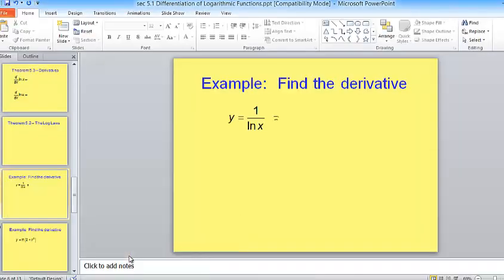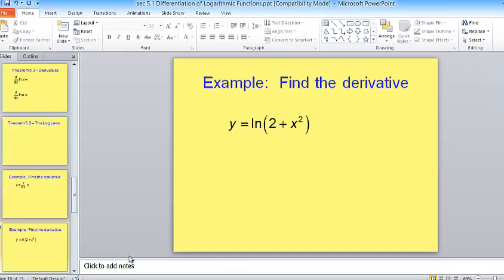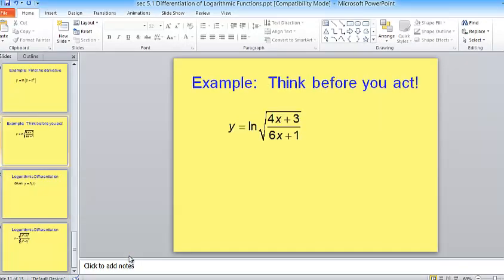So here I go. We did this one. We did this one. We did not yet do this one. Write it down. Let's find the derivative. If you're going to find the derivative of that one, you probably want to rewrite the function. Actually, you definitely want to rewrite the function, right?